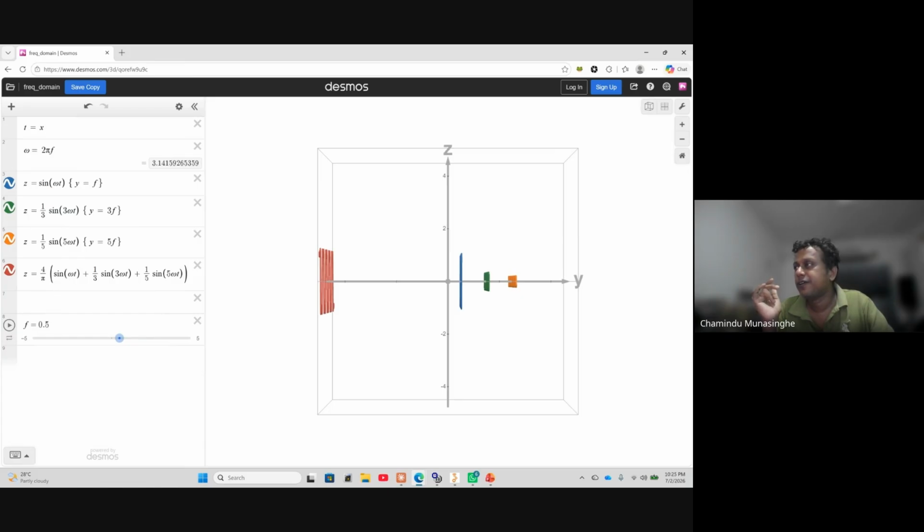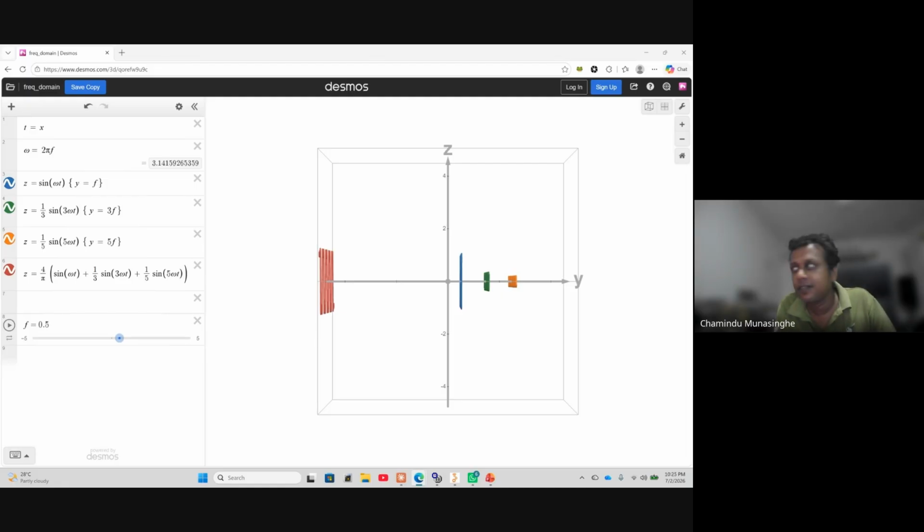This positive quadrant, y and x, this first quadrant here, is essentially what a frequency domain representation of this signal looks like. So this complex signal is made up of these three parts with these amplitudes. This is what a frequency domain representation is.